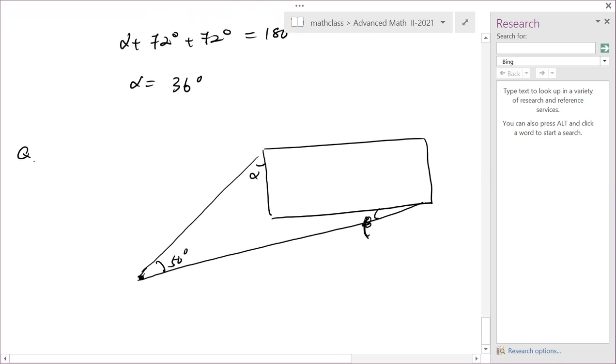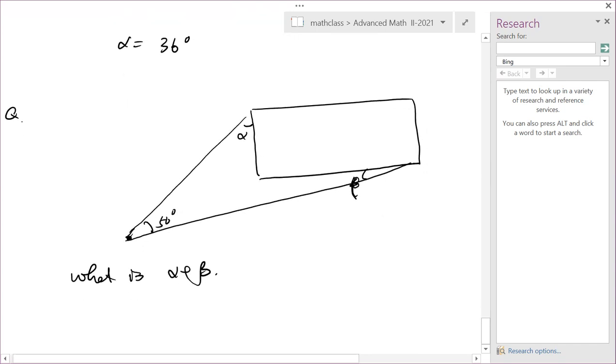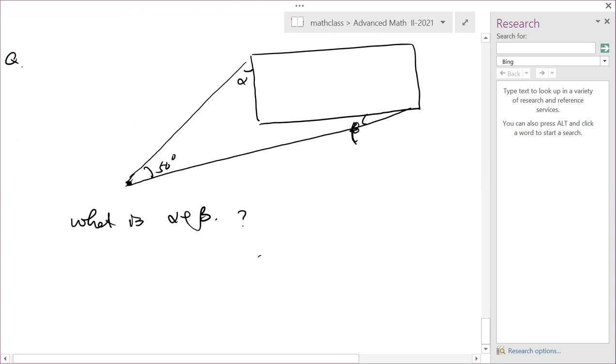Of course, alpha and beta cannot be uniquely determined. Can we determine the sum of those two angles? So this is a rectangle.